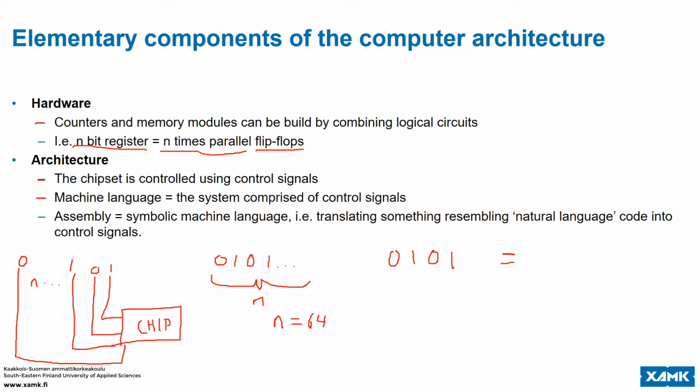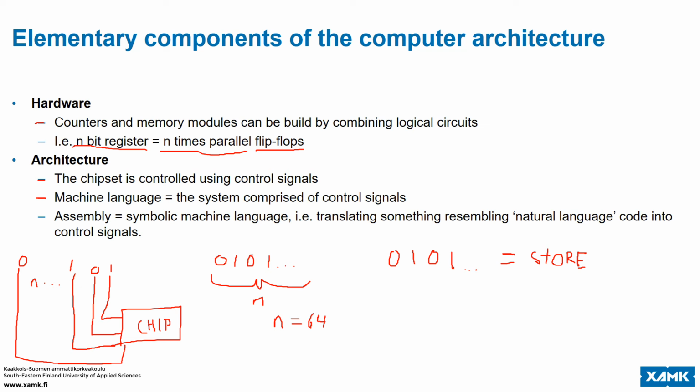That could be, for example, an instruction to store some value into memory. So, for example, this instruction could be store. This of course is just a made-up example that I just drew onto the presentation.